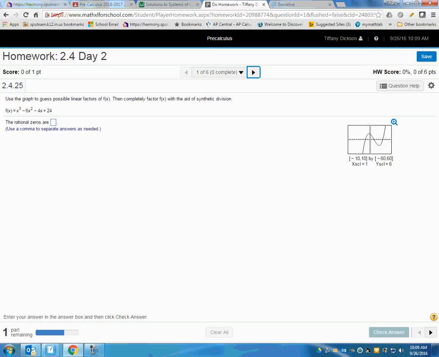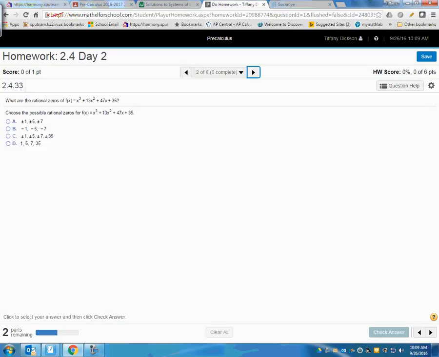This one says what are the rational zeros? They give you a graph to help you. The second one says what are the possible rational zeros, and then the second part asks you which ones work. So I think you could do the first 3 questions if you really wanted to, but tomorrow I'm going to leave a recording for the rest of these notes, which you have a copy of, so don't lose them.